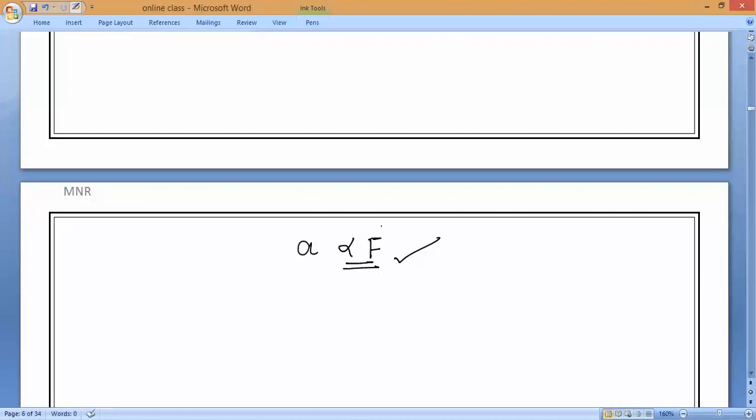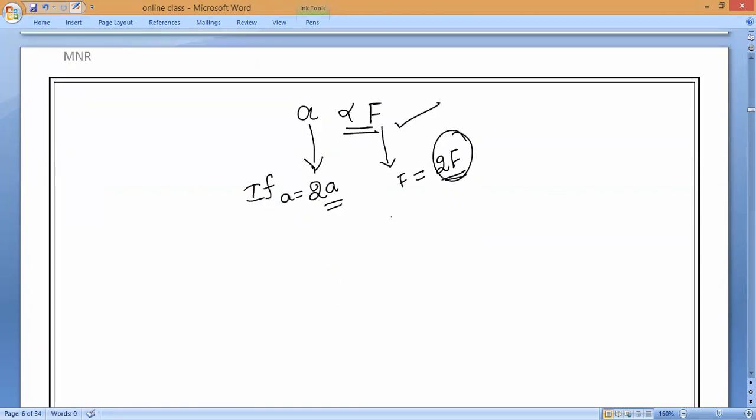Directly proportional to each other. Now, if the body's acceleration becomes double, that is A becomes 2A, then what about the force? Force also becomes 2F. Very good. Are you clear, everybody? If acceleration becomes double, then force also becomes double, because both are directly proportional.